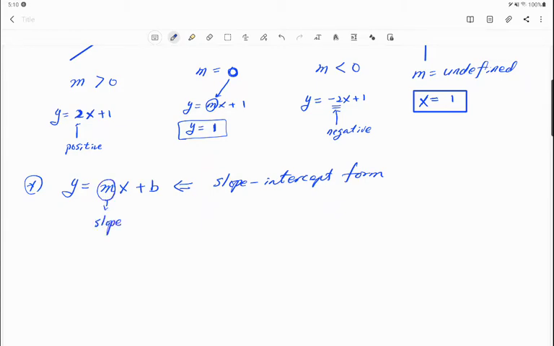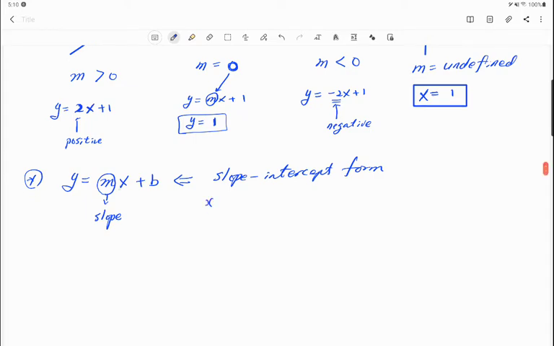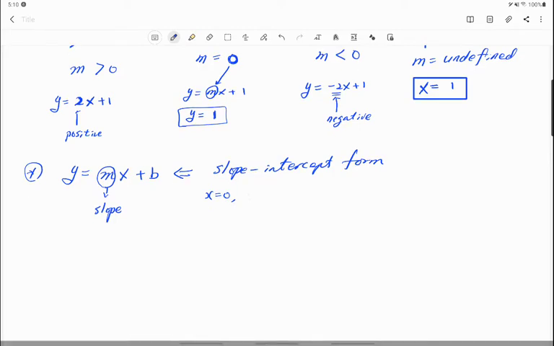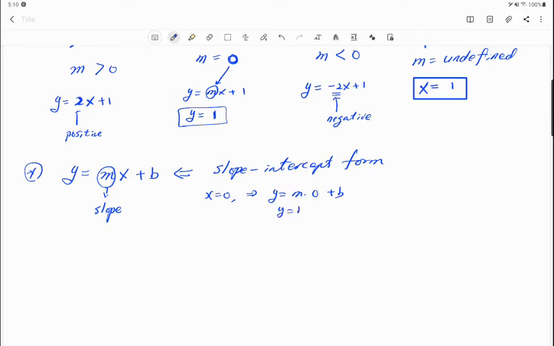And if x equals 0, then what happens? Then y equals m times 0 plus b, right? So y equals b. So this means if x equals 0, then y is b. So this is the x-intercept, isn't it? Oh, sorry, y-intercept.